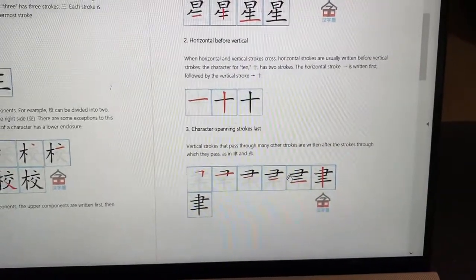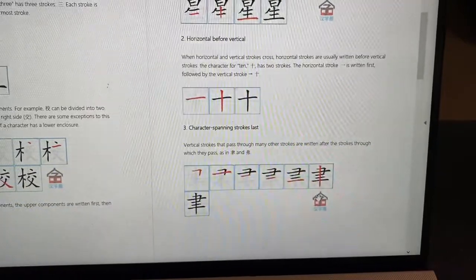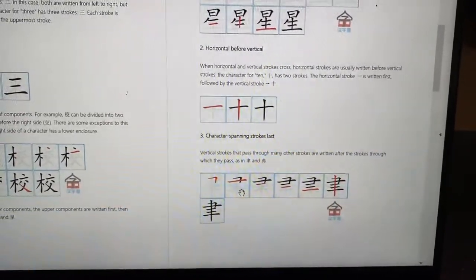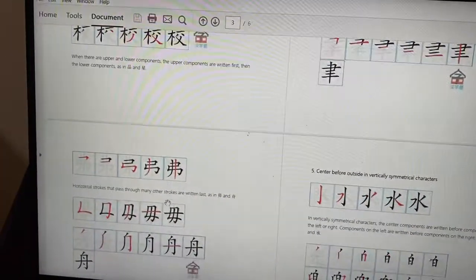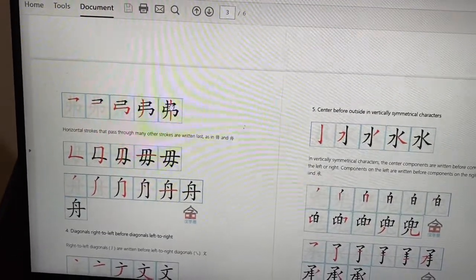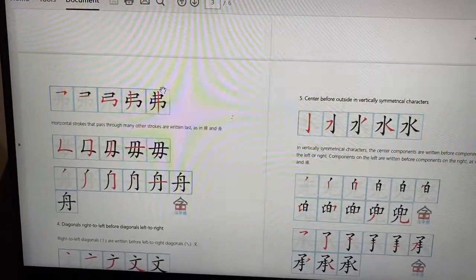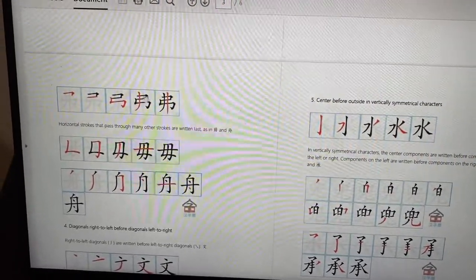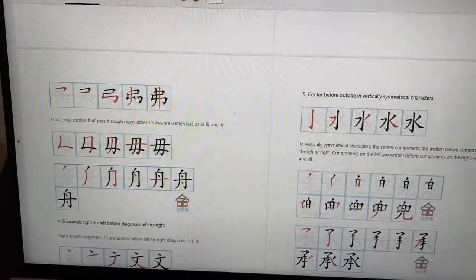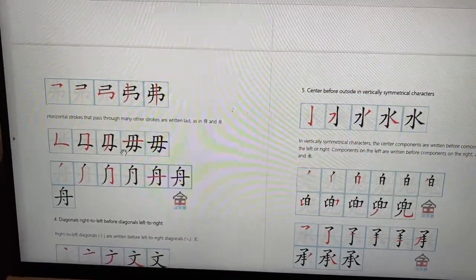So we write everything as preparation first and then cross everything with this vertical one. Here similarly, you may see in this character we have 2 strokes that penetrate the whole character. So we write everything else first, and then we write these 2 things.